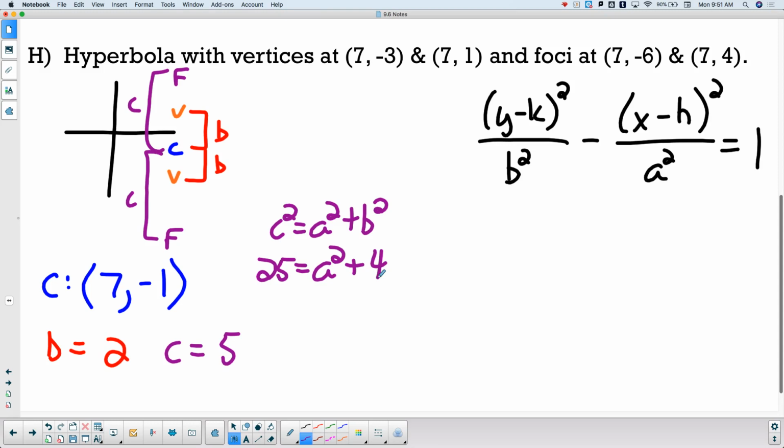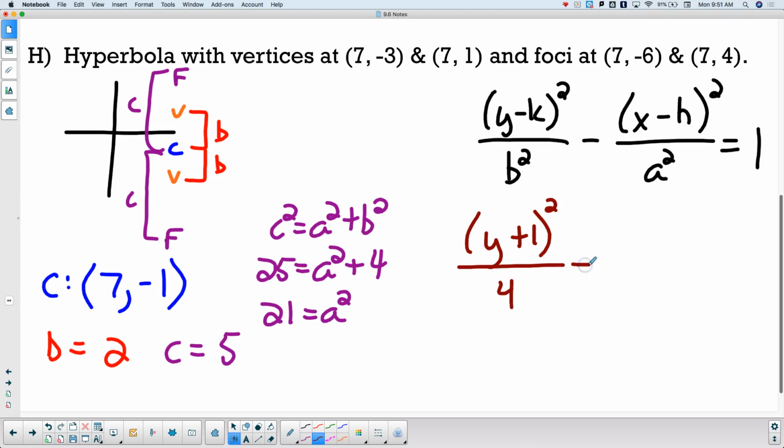So what's a squared? 21. Do I need to find a? Nope. To the formula now: (y plus 1) quantity squared all over 4 minus (x minus 7) quantity squared all over 21 equals 1.